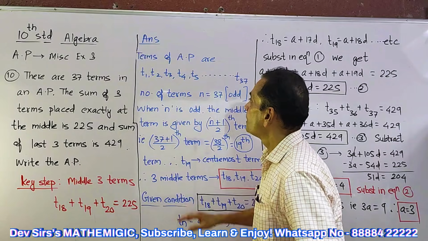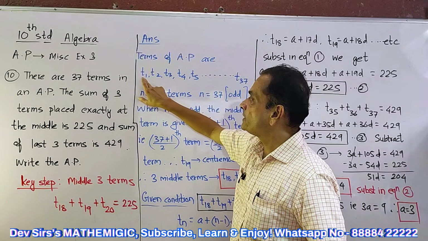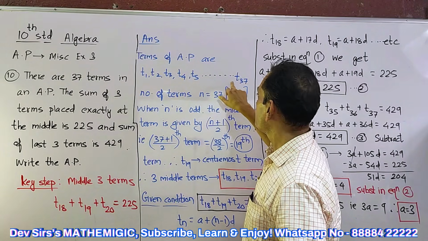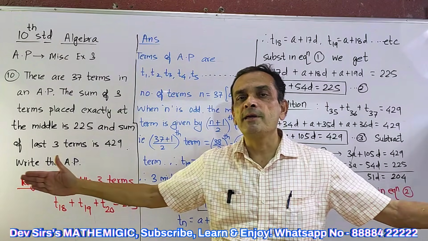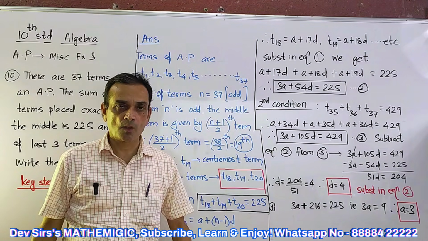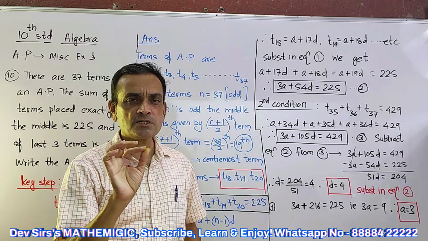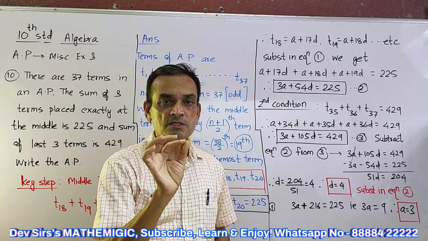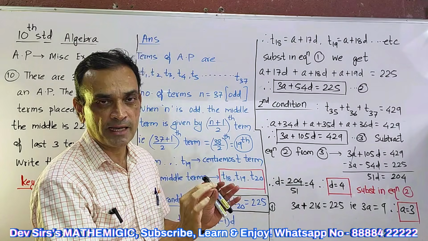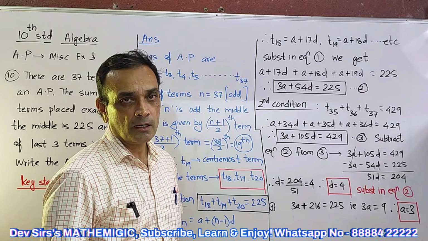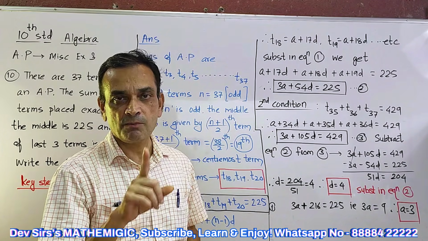Let's see. Terms of AP are T1, T2, T3, T4 up to T37. लंबा AP है, 37 terms. अभी इसमें first we have to see which is the centermost term, middle term, exact middle. Okay. Now there is a formula. Friends, remember there is a formula.